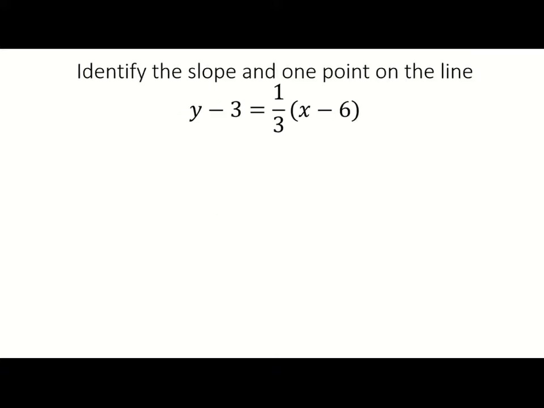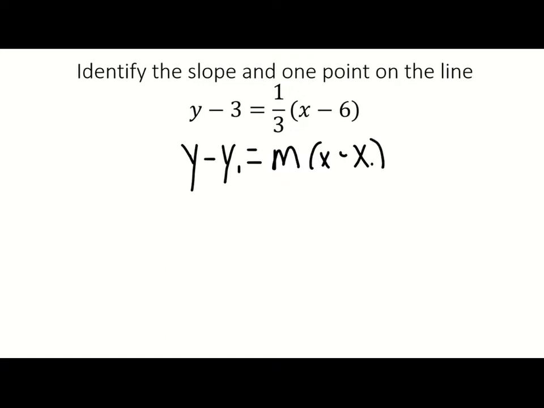Our first example says to identify the slope and one point on the line y minus 3 equals 1/3 times x minus 6. So if we recall, the point-slope form of an equation is y minus y1 equals m times x minus x1.